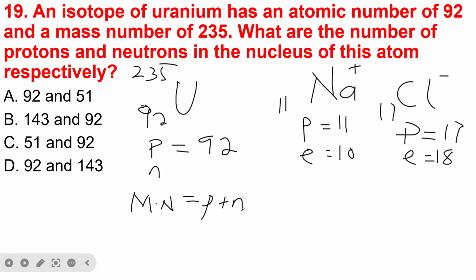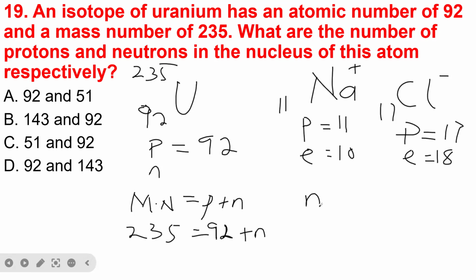The mass number is 235, and the proton number is 92, plus n.